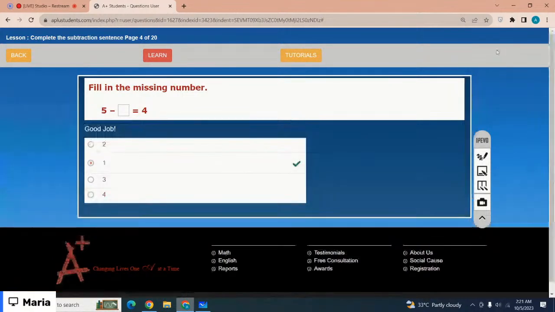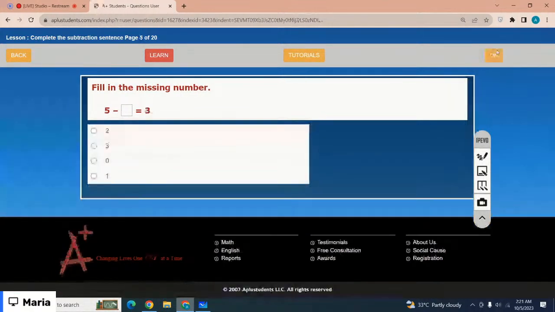The correct option is 1. Very good. Okay, the next one is 5 take away missing number equals 3. So which is the correct option? Which option is the correct one? That would be 2. 5 take away 2 equals 3, right?